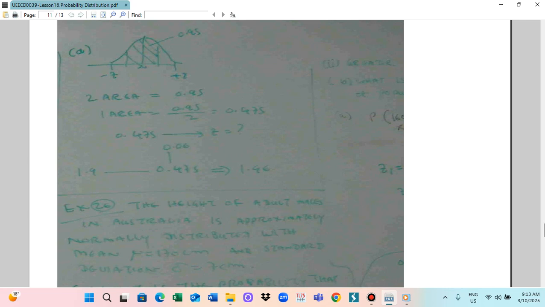Then use this 0.475 to read on the table. You can see 0.475 at 1.9 and 0.06, so that becomes 1.96. Z is equal to 1.96.